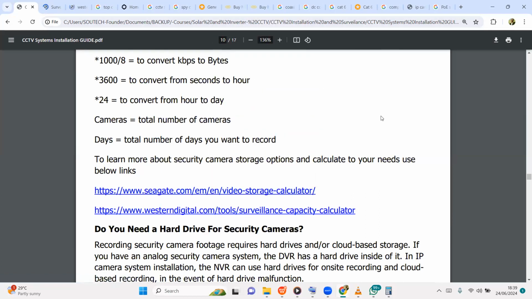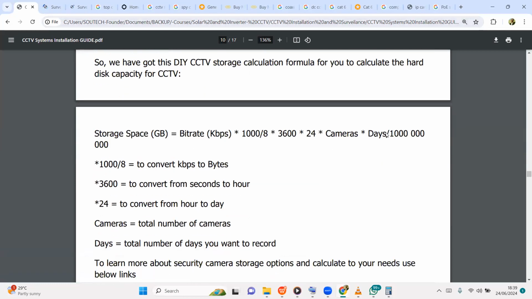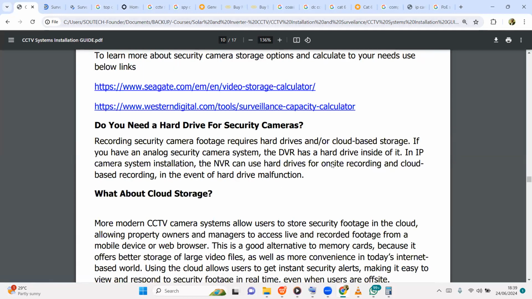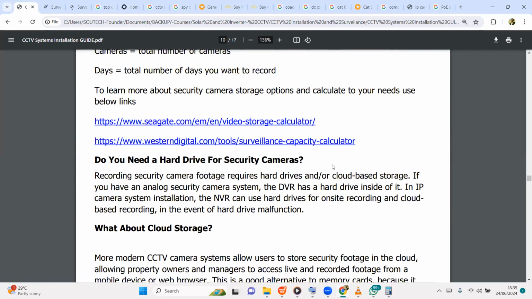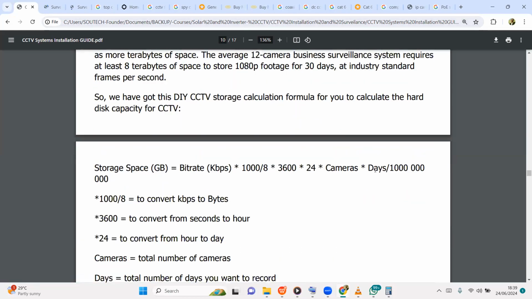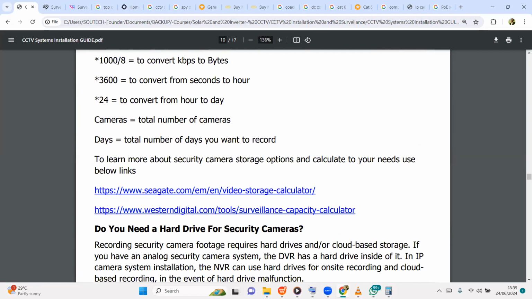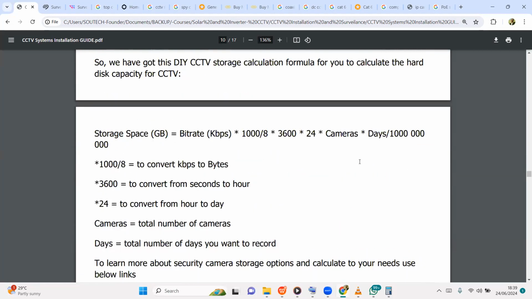All you need to do is put in how many cameras you have, what is their resolution, how long you are recording per day, and what is their bit rate, at what speed they record per second or per minute, depending on the spec you have on your camera. If you enter those figures, it's going to tell you how much hard disk you need for that particular DVR system.